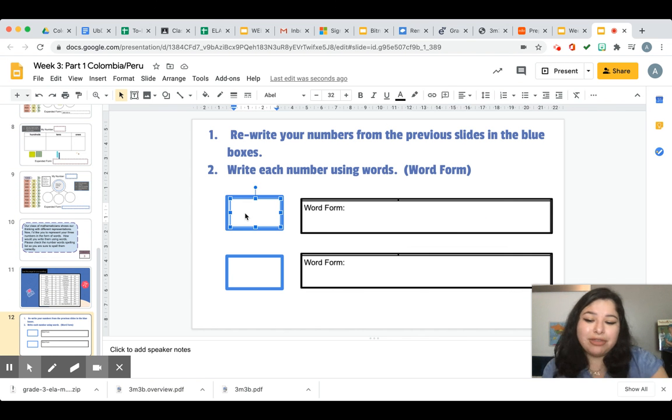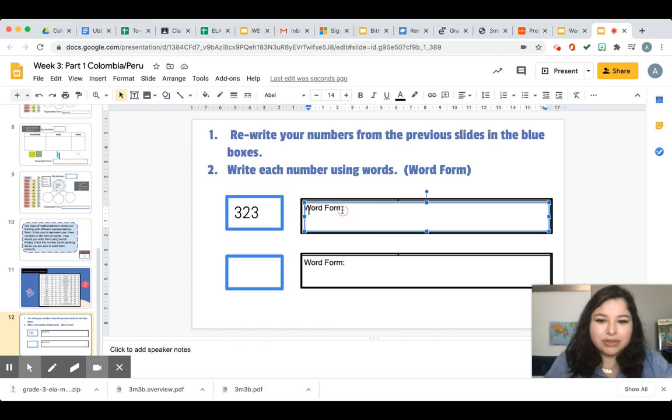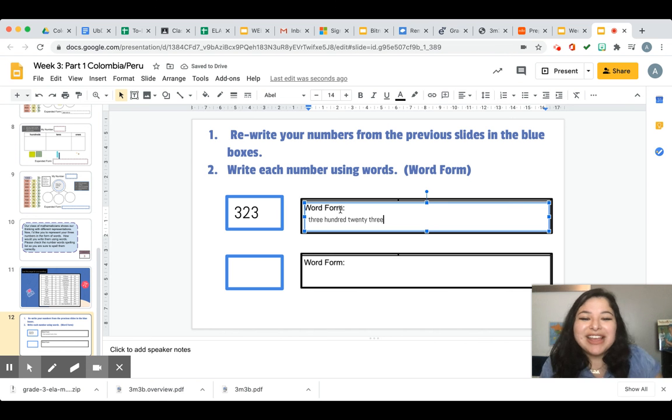So I would write 323 here, and then I would write it in word form right here. You see? So that is my example.